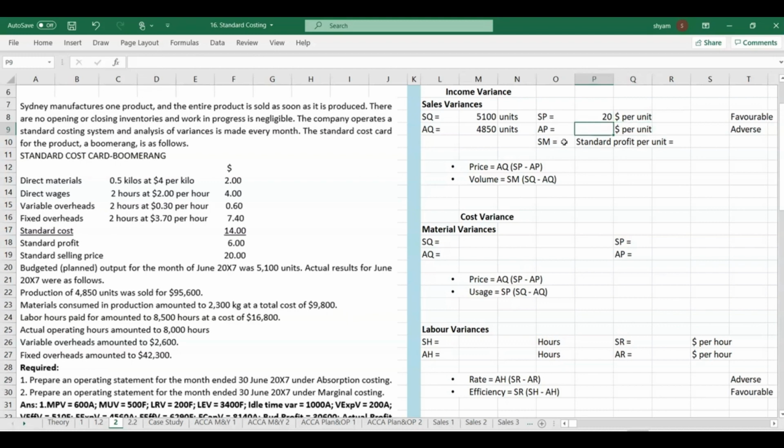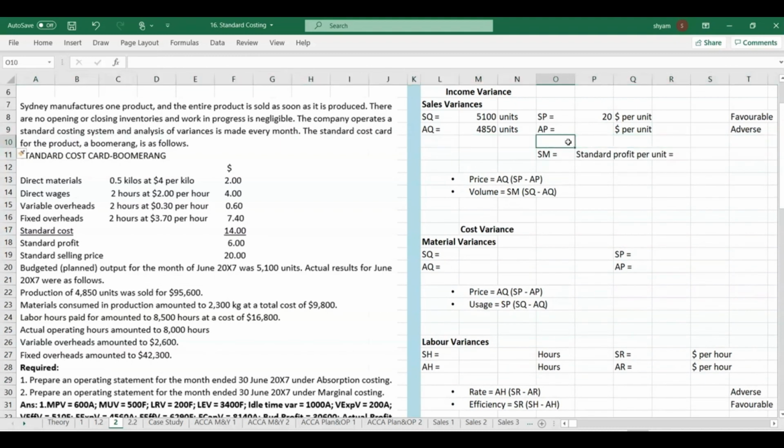What is the actual price they sold for? The actual price is not given, so we have to compute it. It will be 95,600 divided by 4,850.